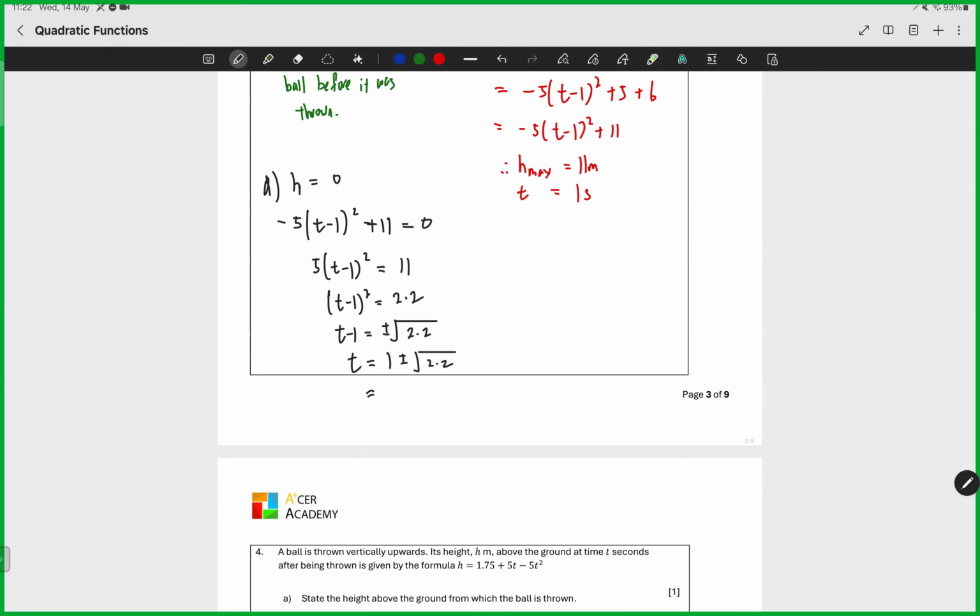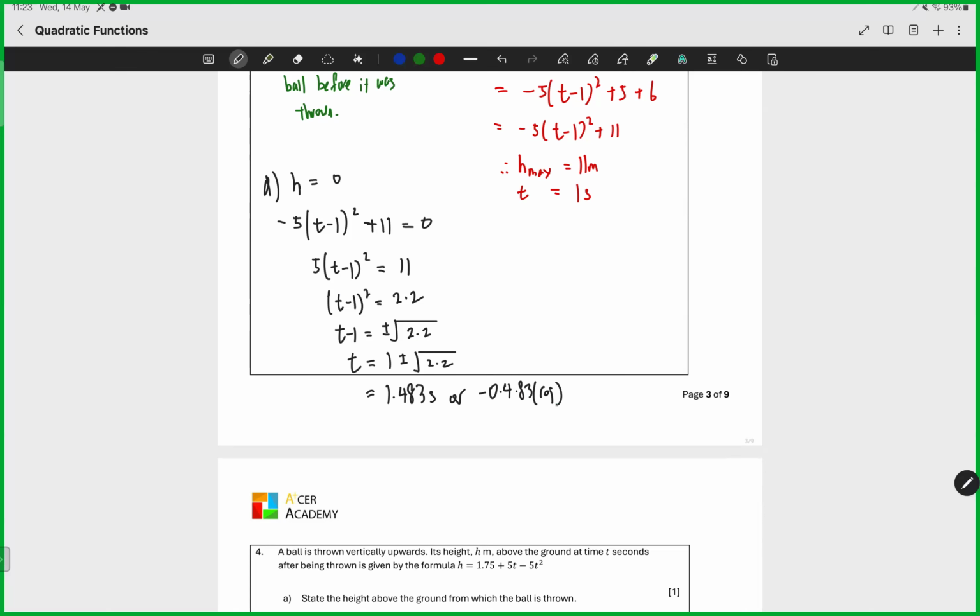So t = 1 ± √2.2. Okay, however, hold on, let me just key in the calculator. 1 plus square root of 2.2 is 2.483 seconds, or 1 minus square root of 2.2 is -0.483.